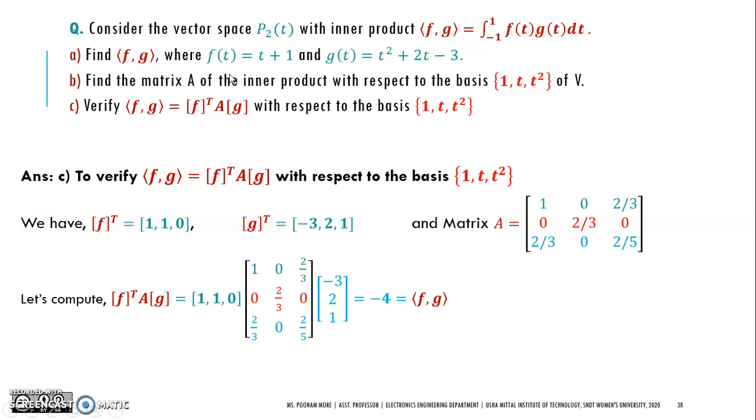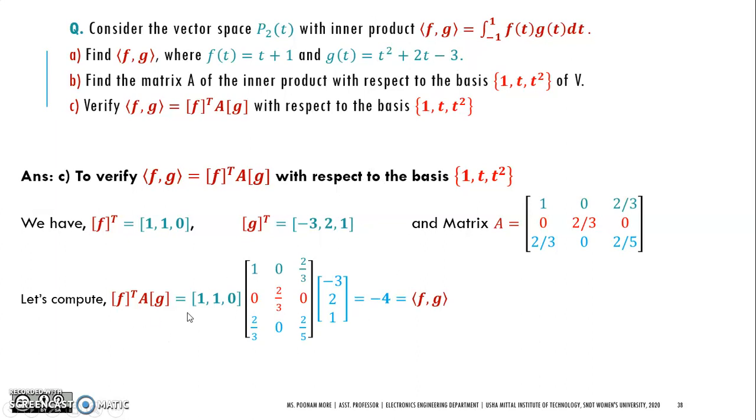As t square is not present in f of t, that's why we have entered the value 0 over here. Similarly, G transpose is constructed by considering the respective coefficients of 1, t and t square.